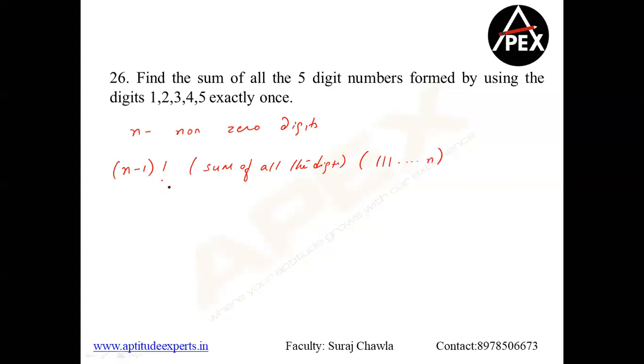Clear? So what do you have here? So you have 5 digits here, that becomes 4 factorial into 1 plus 2 plus 3 plus 4 plus 5. Now since there are 5 places, I'll have 5 ones. Start visualizing what is happening because this will help you in zero, guys. Clear?